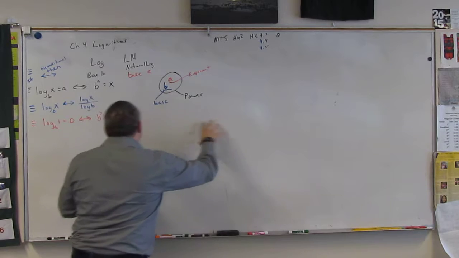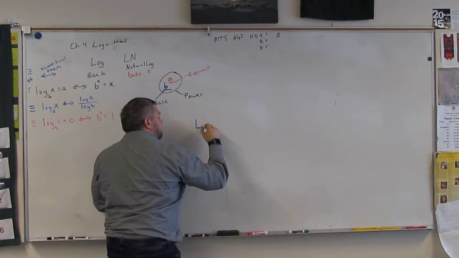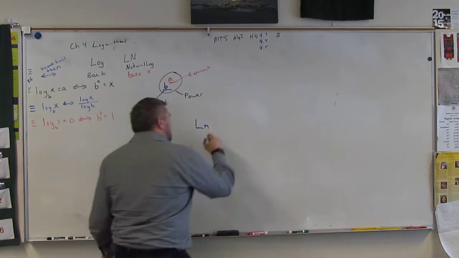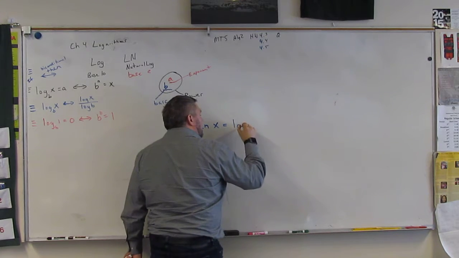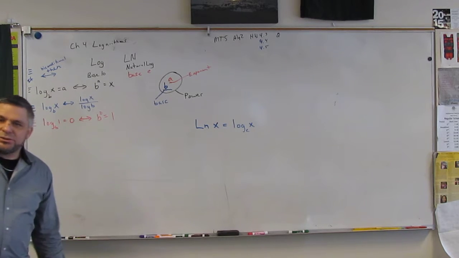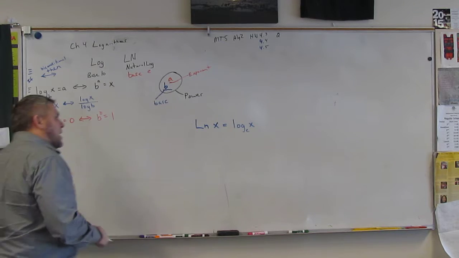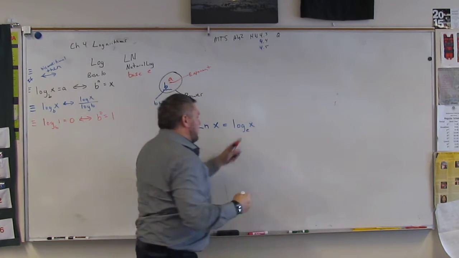I'm going to write it over here, then I'm going to organize it. So, ln x is equal to log base e of x. Okay? So we have to know that ln x is equal to the log base e of x.